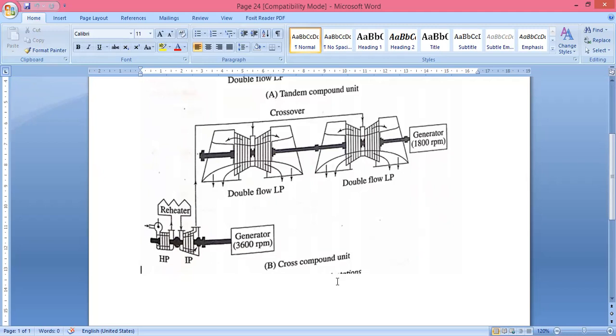Thus the low pressure turbine operates at lower speed, and the lower speed allows the use of longer last stage blades.